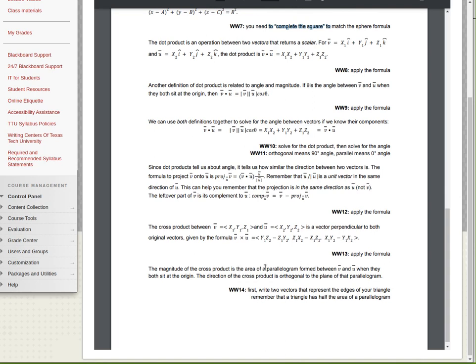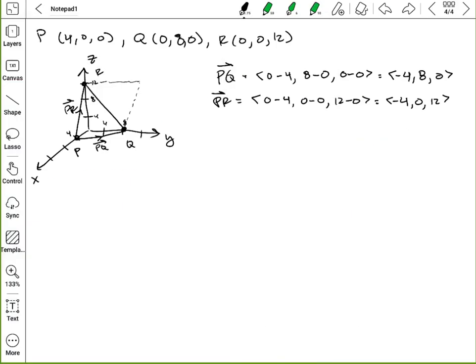It talks about a parallelogram formed between V and U when they both sit at the origin, which they don't sit at the origin in this picture, but you can just imagine shifting the origin over this direction so that it does sit at the origin, and nothing about what I've drawn would change, just that little coordinate system under it.